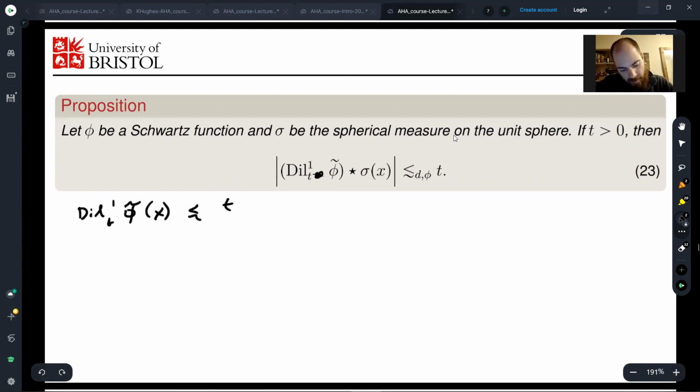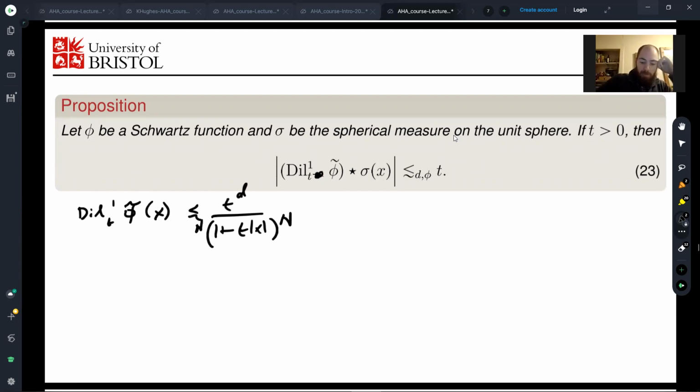That is t to the d over 1 plus t times the absolute value of x, to any power n. Now I plug this into that convolution.